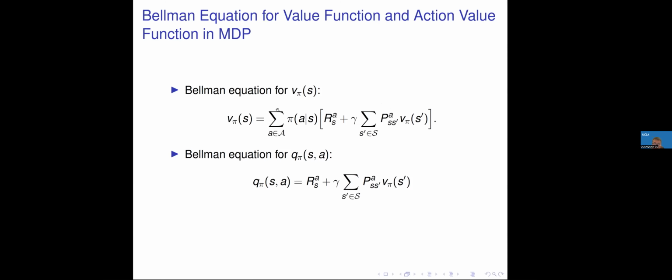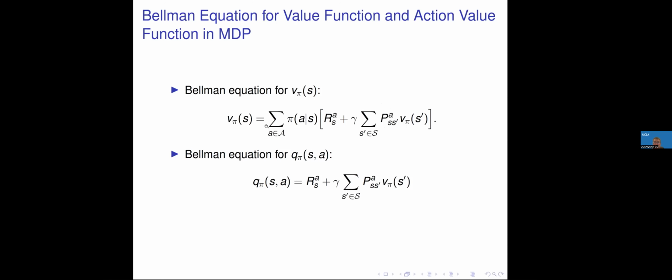This outer summation is the expectation with respect to the policy, and this inner summation is the expectation with respect to the state transition probability. So using the Bellman equation, it can connect the value at the current state and the value of the next state, and also the immediate reward the agent will receive by taking a certain action.